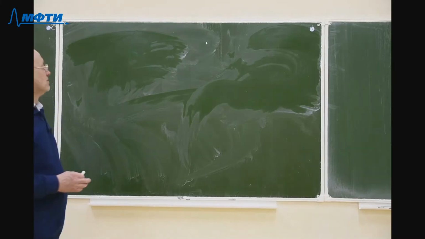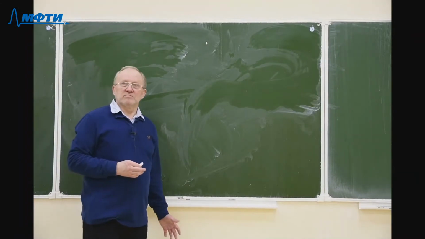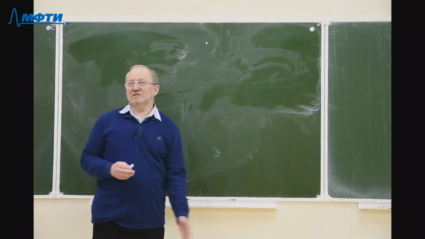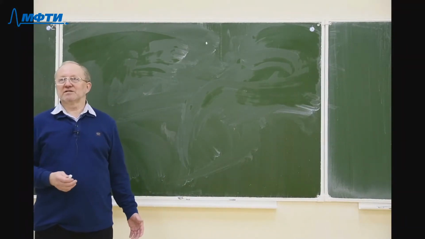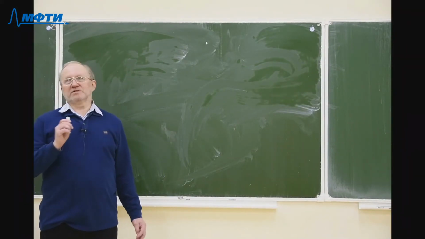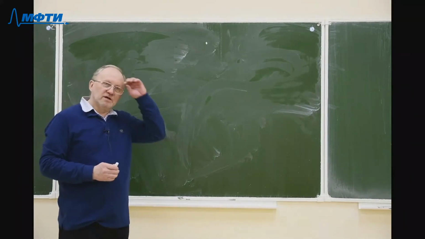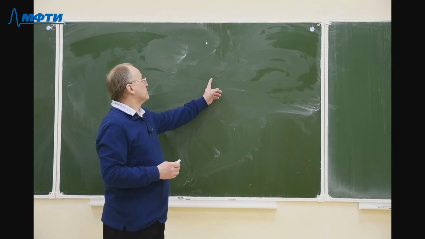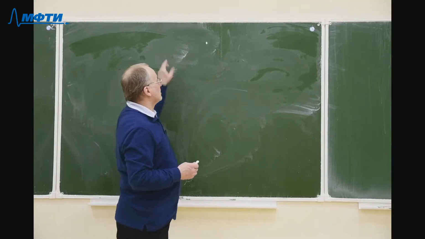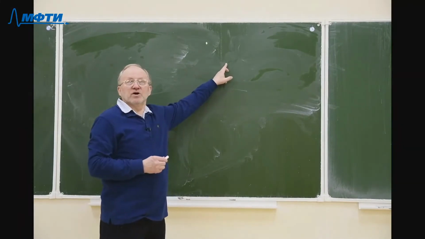A field is an object which is spread over space, and this object is characterized by many properties, but one property is very important from the very beginning: in each point of space some force will act on a probe body.